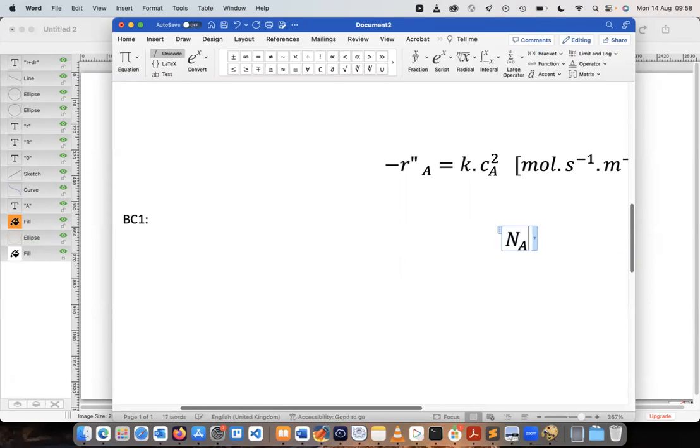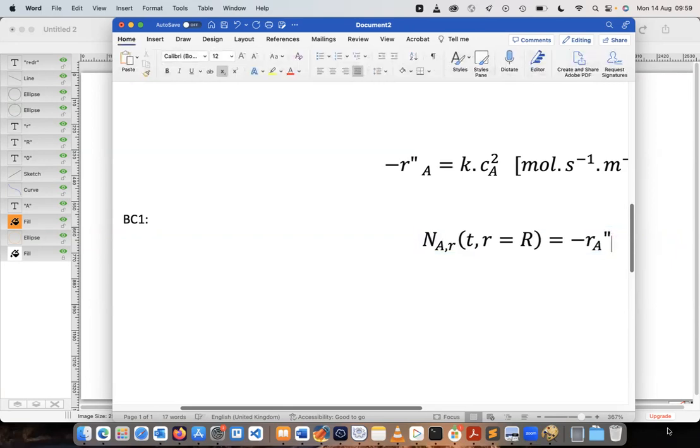There's a molar flux of A in the r direction, and this applies for all time at the specific radial position r equals R. So the flux there must equal the consumption rate. The rate at which A is being supplied to the surface must equal the rate at which it's being consumed. So minus RA double dash. Your flux on the surface equals the reaction rate.